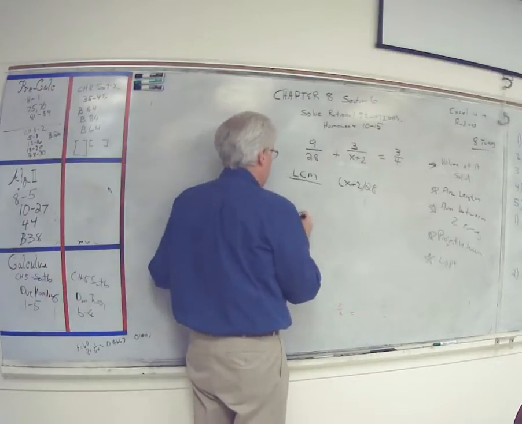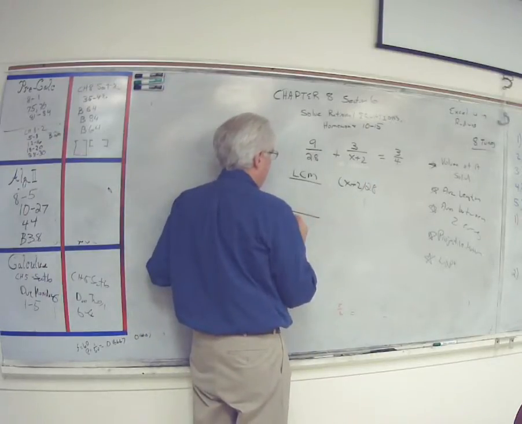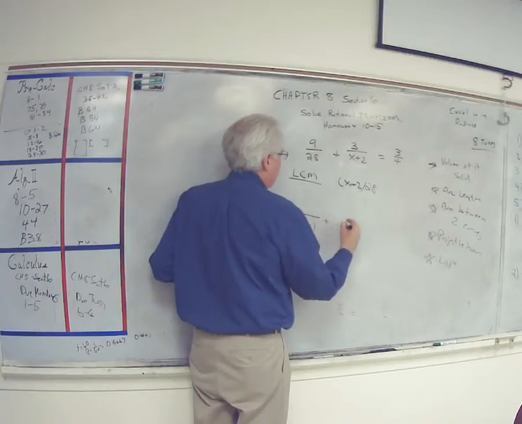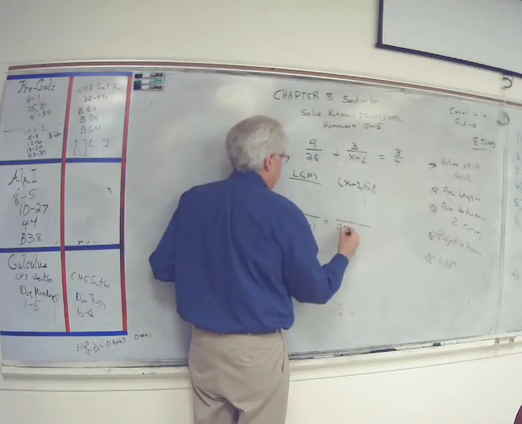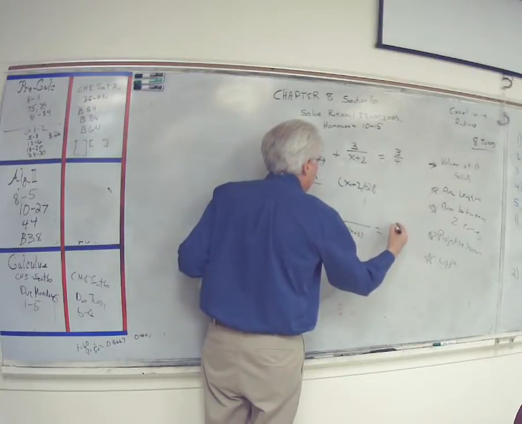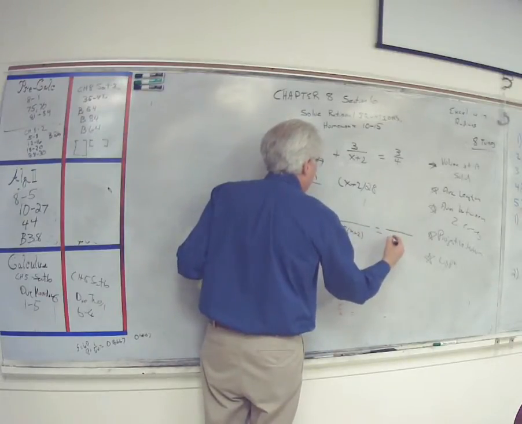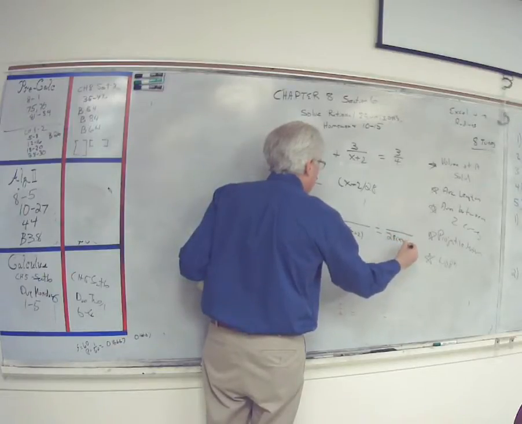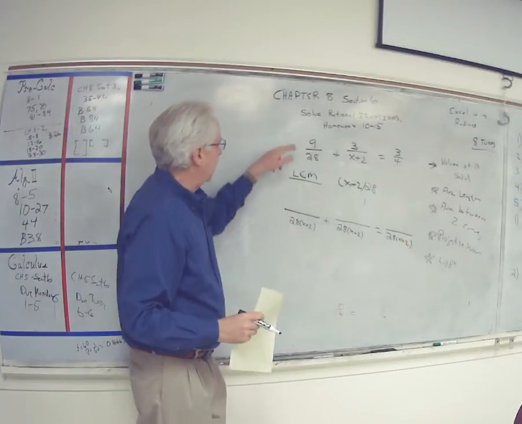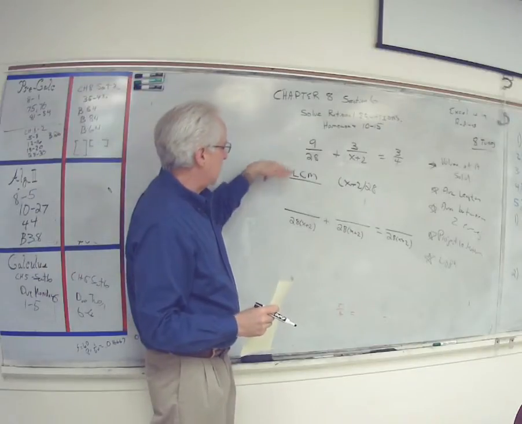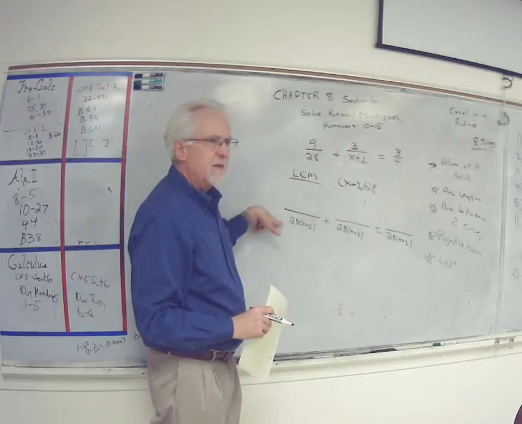So now I'm going to have something over 28 times x plus 2, and then something over 28 times x plus 2, and then that's going to be equal to something over 28 times x plus 2. Now I have to change the numerator by the same amount that I changed the denominator by.